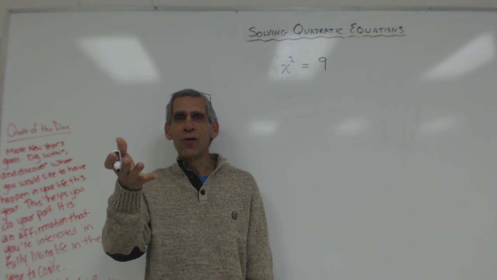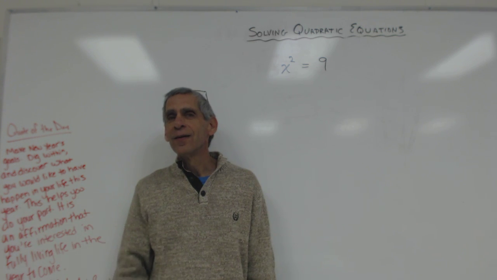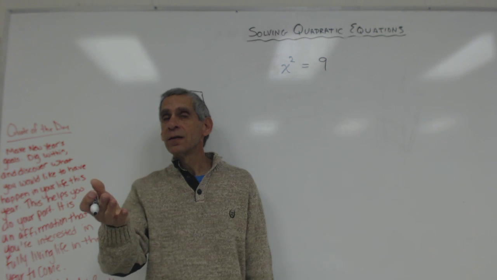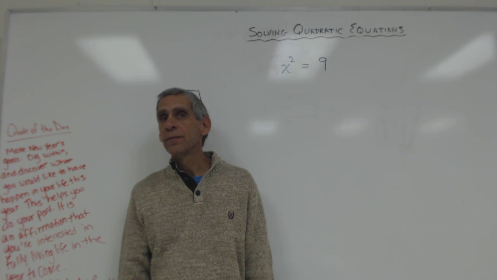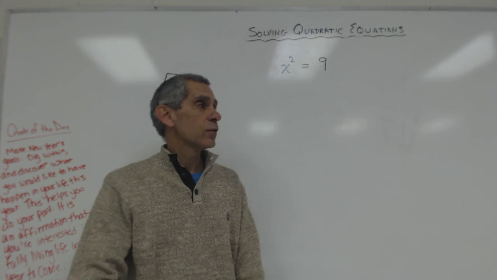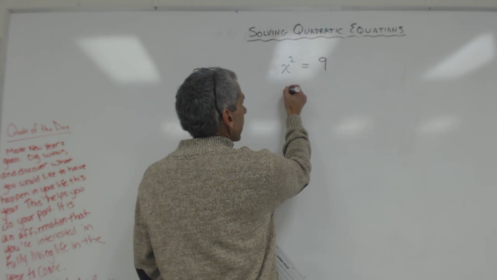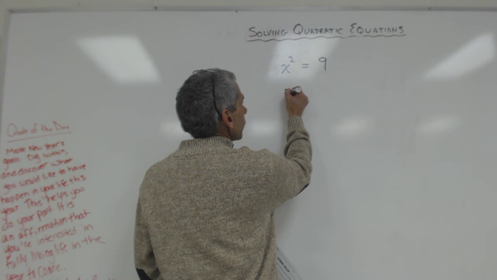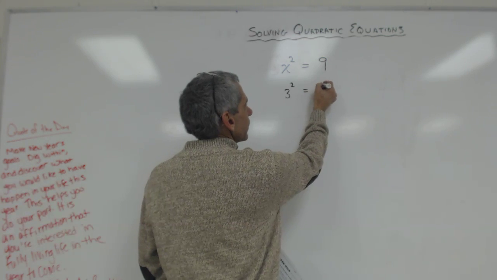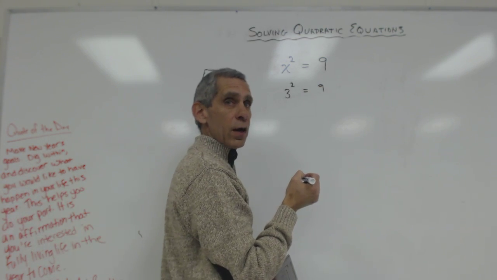Since it's to the second power and then 9, 3 to the second power, I think, is 9. Okay, so Una's noticing that 3, if we made x equal 3, is equal to 9, right? All right, so that's true.